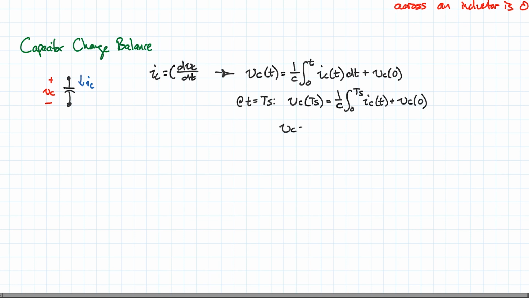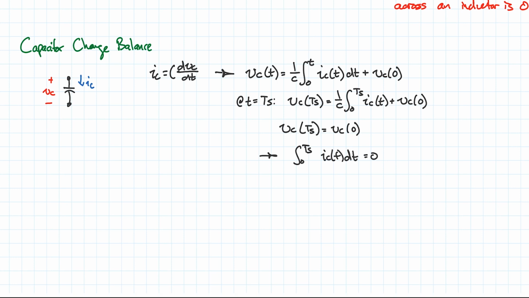But we know that Vc of Ts equals Vc of 0. And so we see that, again, the integral from 0 to Ts of Ic of t dt equals 0.